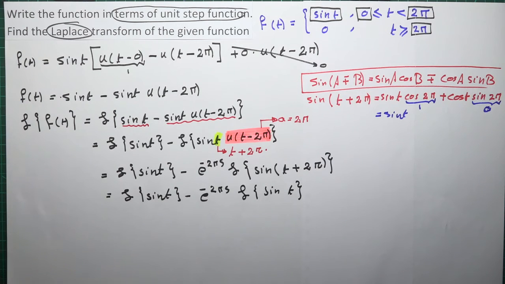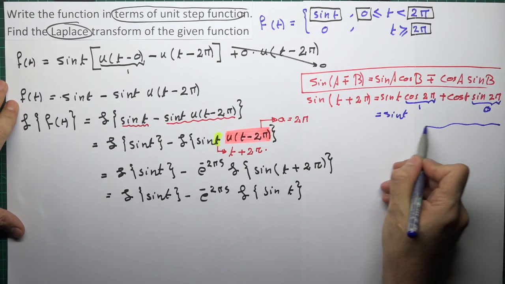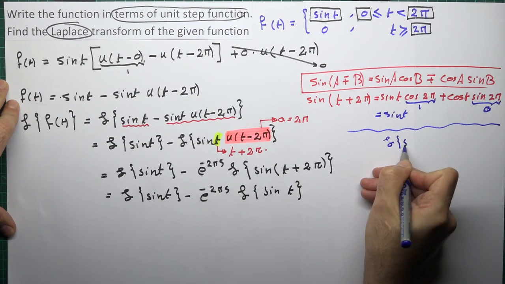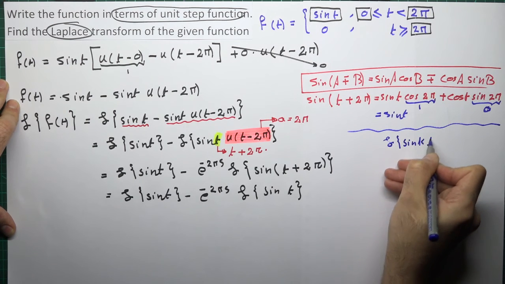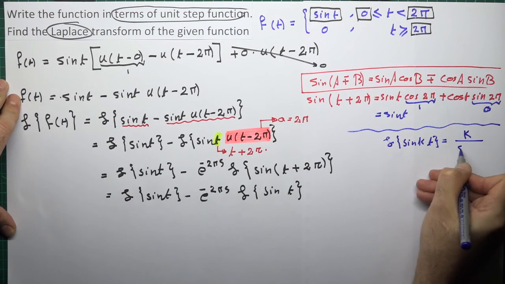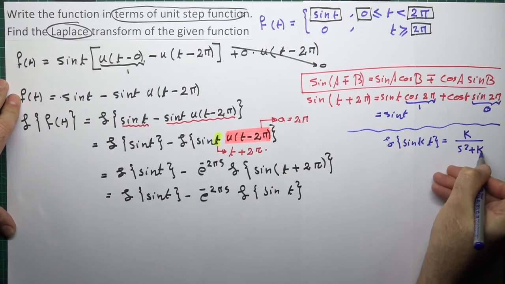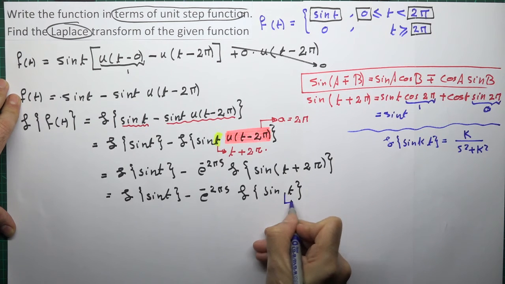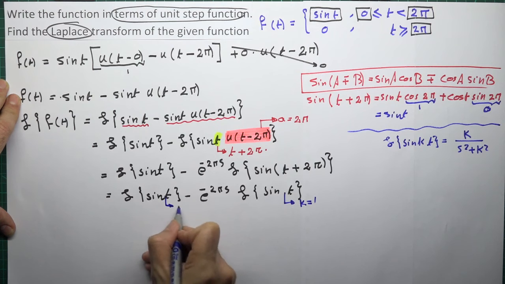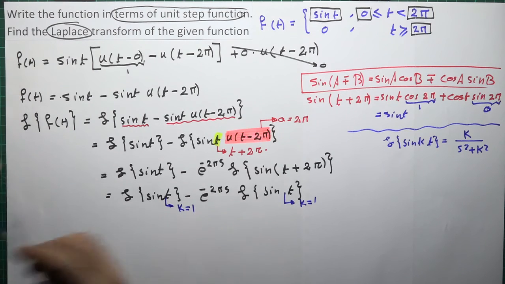وكلنا نعرف هنا أيضا بأن Laplace of sine kt equals k over s squared plus k squared. وهنا k equals 1 وهنا أيضا k equals 1.